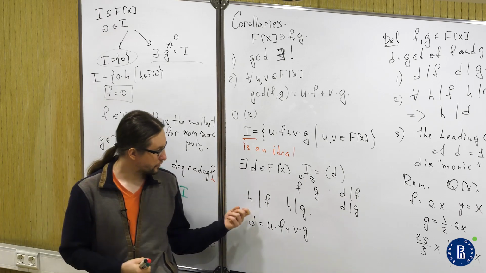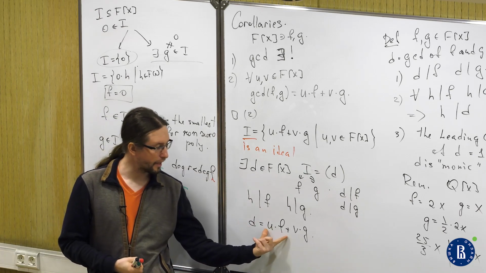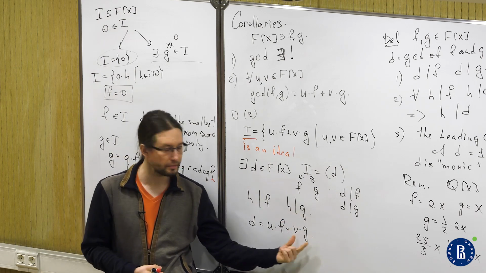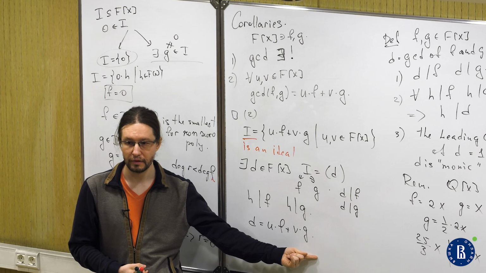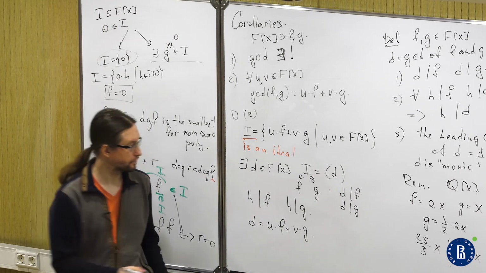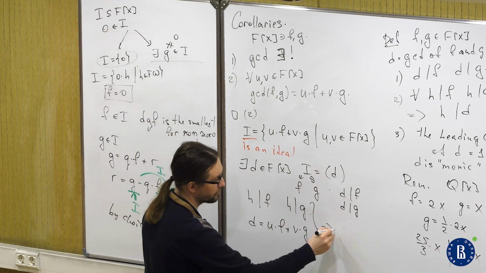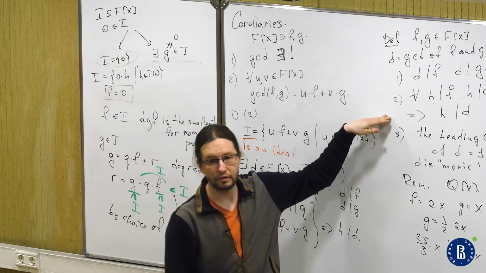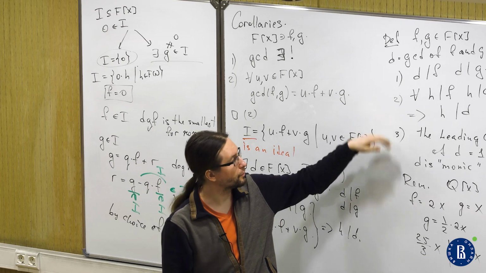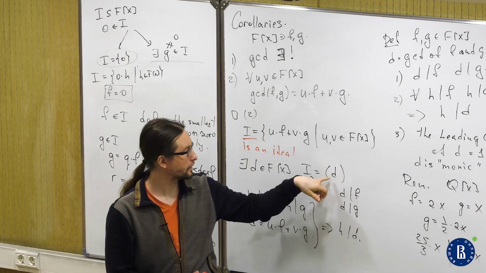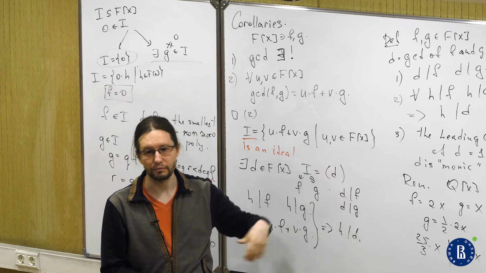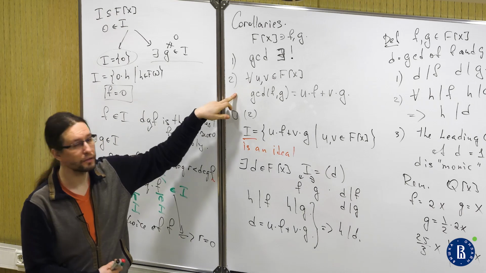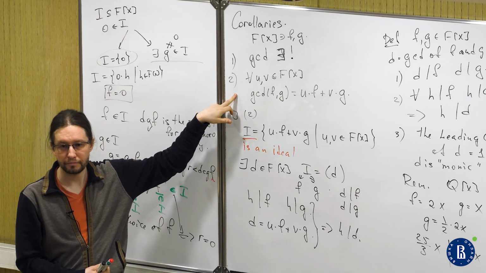Now h divides f, so h divides the first summand, and h divides g, so h divides the second summand, so h divides the whole sum. So h divides d. So the first two properties are satisfied. And if we want to satisfy the third one, we just need to cancel the leading coefficients here, and we will get the greatest common divisor. So that's why the second claim holds.